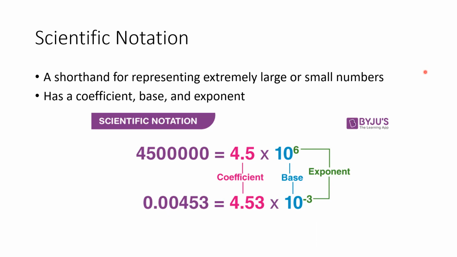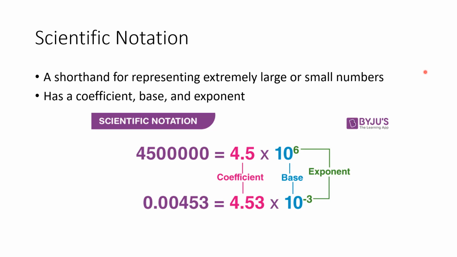Then we've got the base, which is just going to be 10. And that's going to make this relatively easy at least, because essentially what we're going to be doing is just moving the decimal left or right, depending on if it's a big or a small number. And then the second piece is just going to be the exponent.